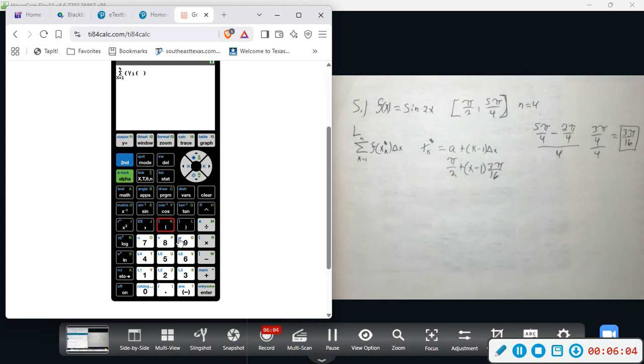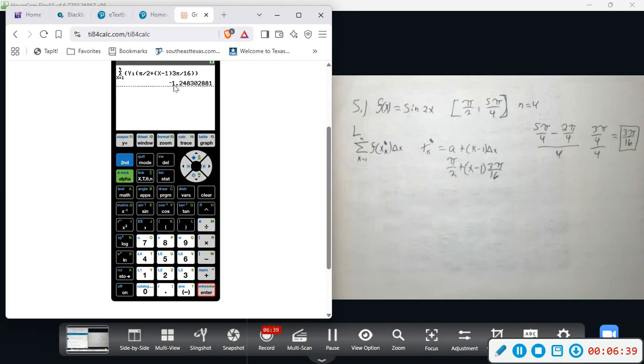So we're going to say pi divided by 2, and then plus, open parentheses again, x minus 1, close, times 3 pi divided by 16. All right, so this is going to be my left Riemann sum calculation.